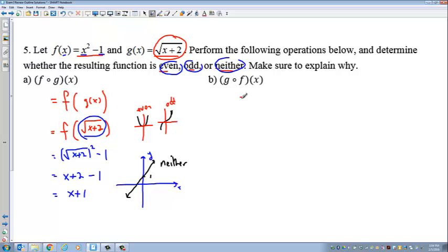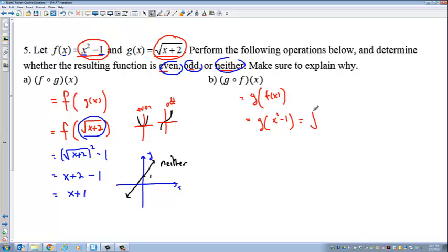So now let's look over here at g composed with f of x. So that's g of f of x, which is equal to g of, and we come over here, and this is my f. So wherever I see f, I'll replace it with x squared minus 1. And so remember g, what is g? Whatever it is, you take the square root of it plus 2.